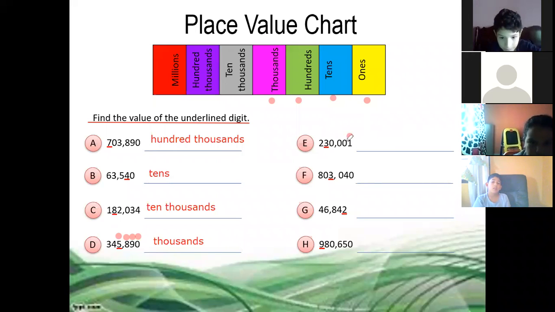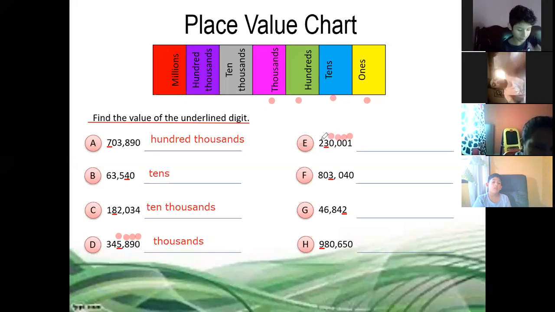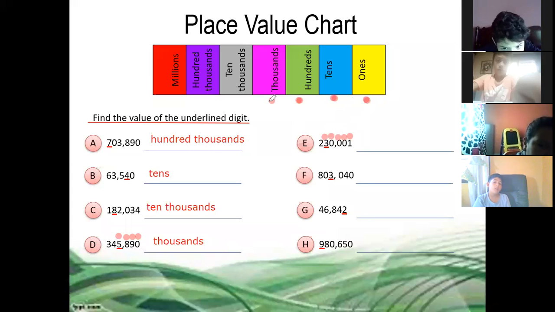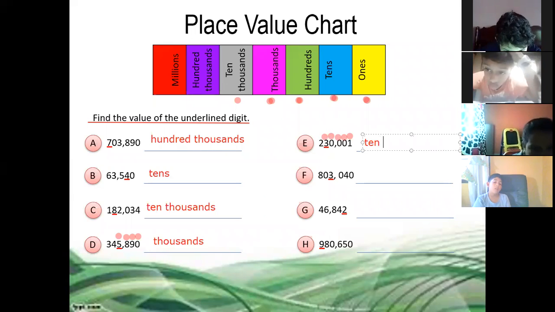Look, this is 1, 2, 3, 4, 5. Now you count here, 1, 2, 3, 4, 5. What is the value? 10,000, exactly.